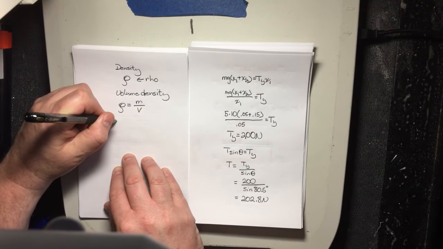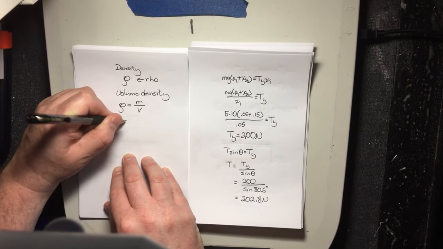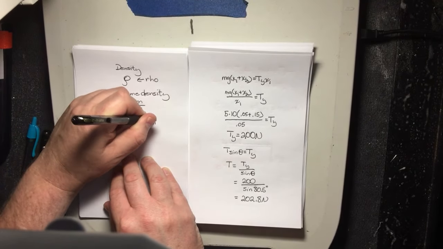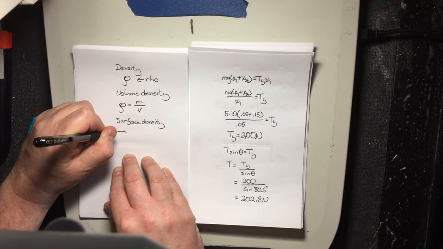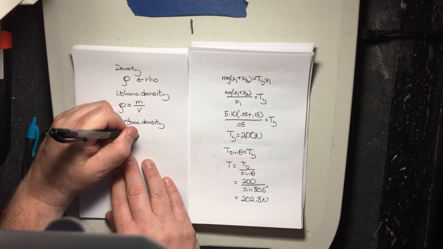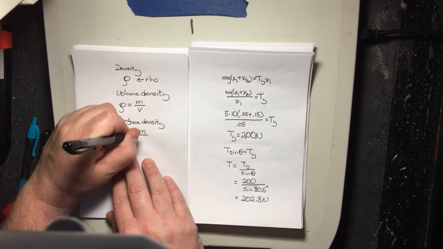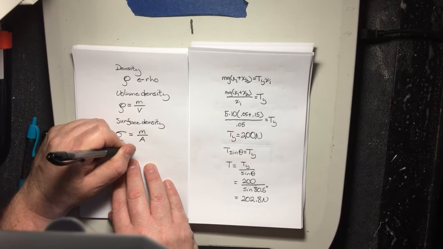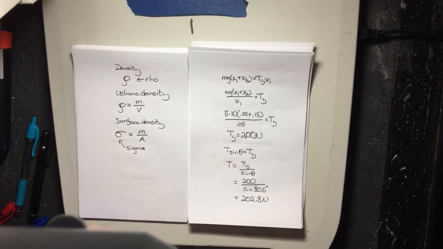Then there is surface density. Surface density is not used as frequently as volume density. It is mass over area. The way that I think of it is these tiles.